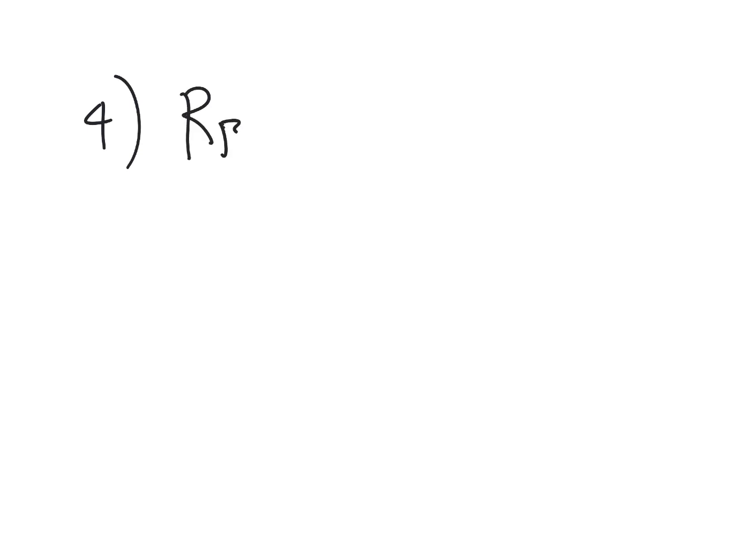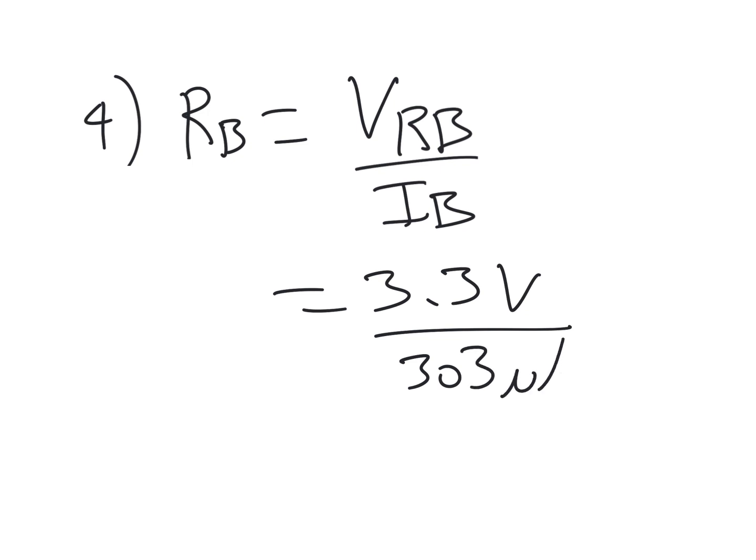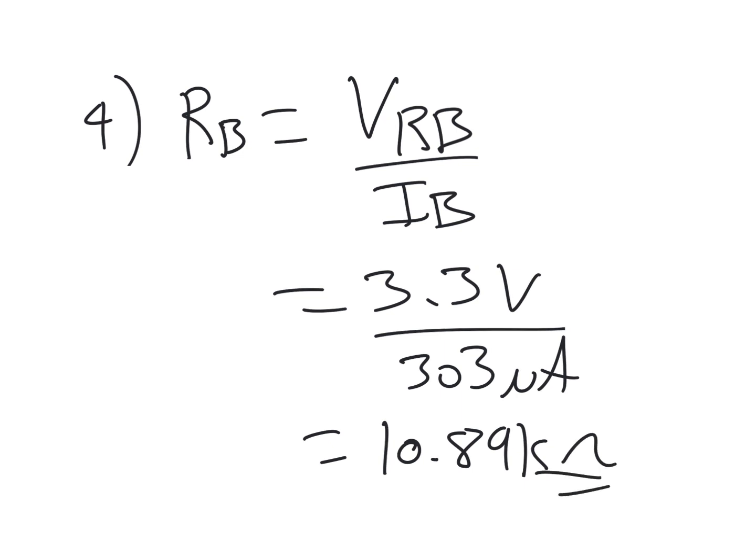Therefore, RB equals VRB divided by IB. So that's going to be 3.3 volts divided by 303 microamps, 3.3 divided by 0.303 equals 10.89K, so 10 or 11K, something more.